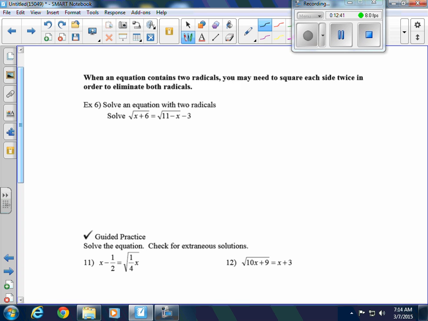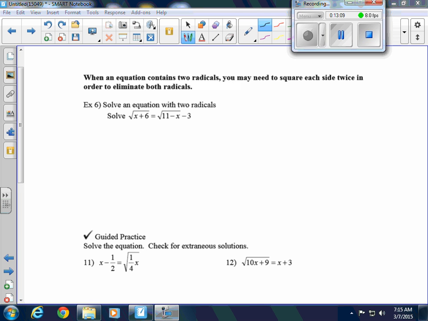All right, next, we're going to look at example 6, and this one has 2 radicals in it. So when an equation contains 2 radicals, you may need to square each side twice in order to eliminate both radicals. So what we're going to do is isolate one of the radicals.